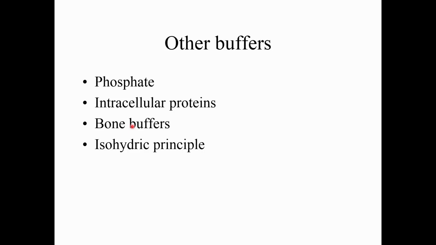Because all the buffers are doing the same thing, we can just talk about one buffer system and assume that all the other buffer systems are doing the same thing. So in many of the examples throughout this presentation, I will use the bicarbonate carbonic acid system to demonstrate what I'm talking about.